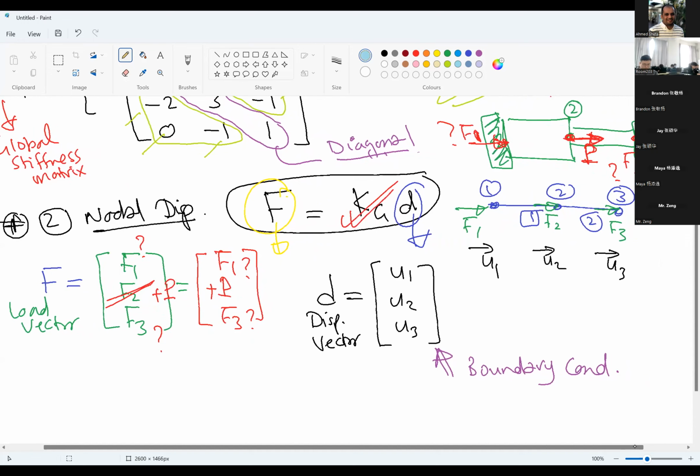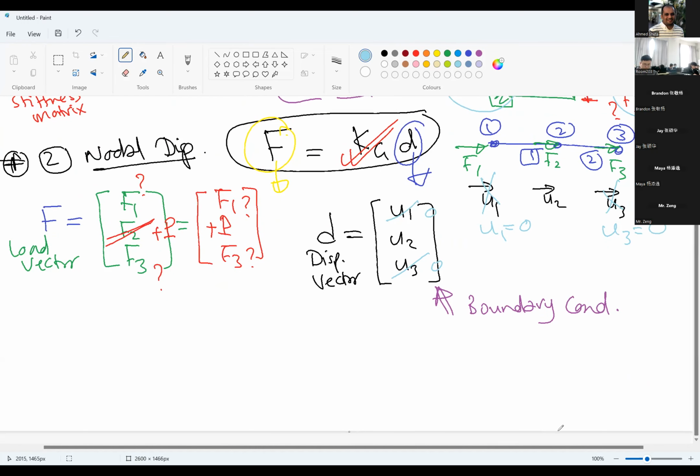We have a support here and a support here. This support is a fixed support, but for a truss, what will this support do? This support will prevent the displacement at node 1 and at node 3. So U1 will be 0, U3 will be 0. So the displacement can be written as D equal to 0, U2, and 0.